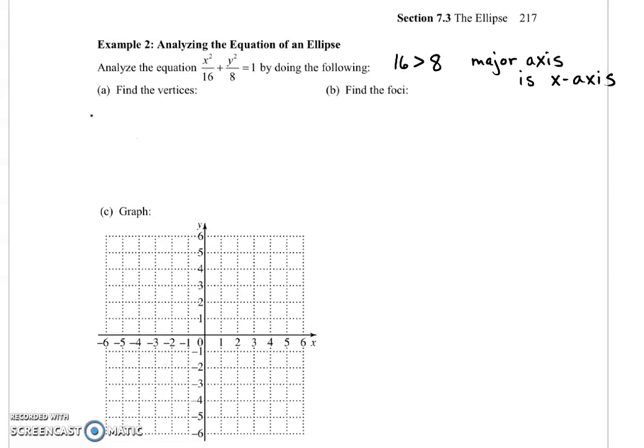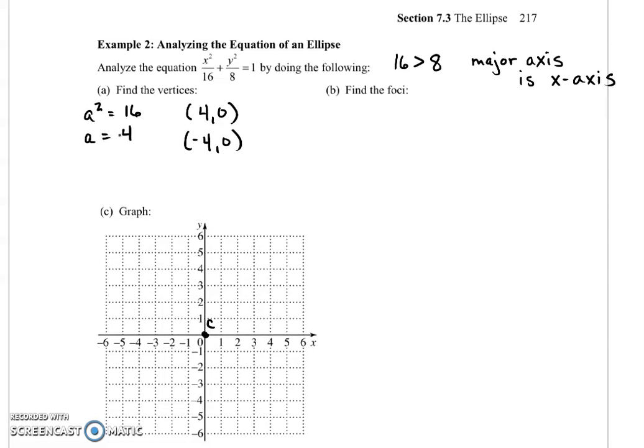That means that a squared is 16, so a is 4. That means our vertices are at 4, 0, and negative 4, 0, because we're only doing ellipses whose center is at the origin.